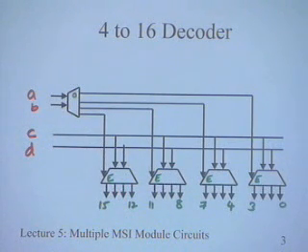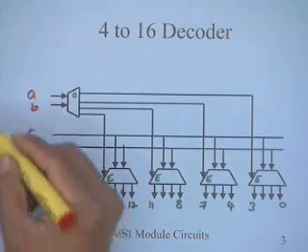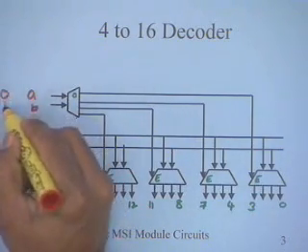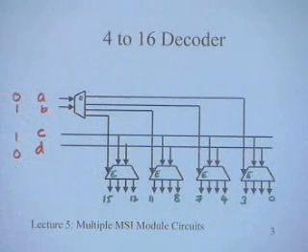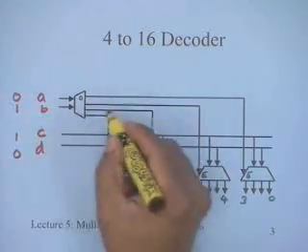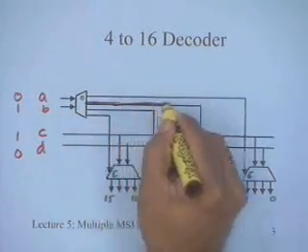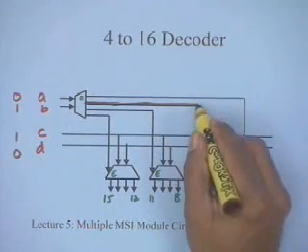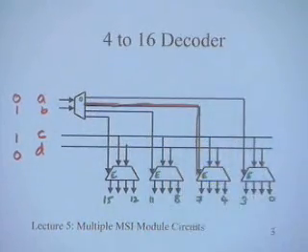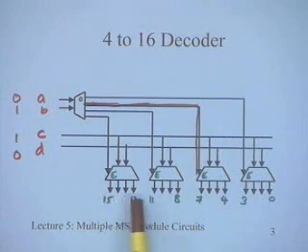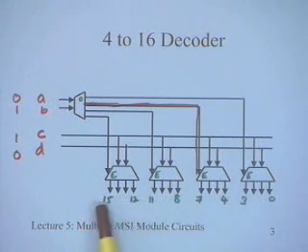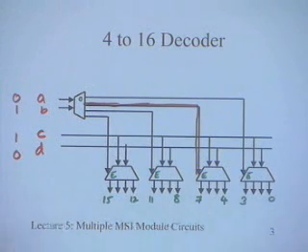For example, if my input is 0, 1, 1, 0, this is my ABCD combination. 0, 1 corresponds to this output being active. So this enable will come and enable this particular decoder, and the rest of the decoders are disabled, so all these outputs are going to be zeros: 12 to 15, 8 to 11 and 0 to 3.